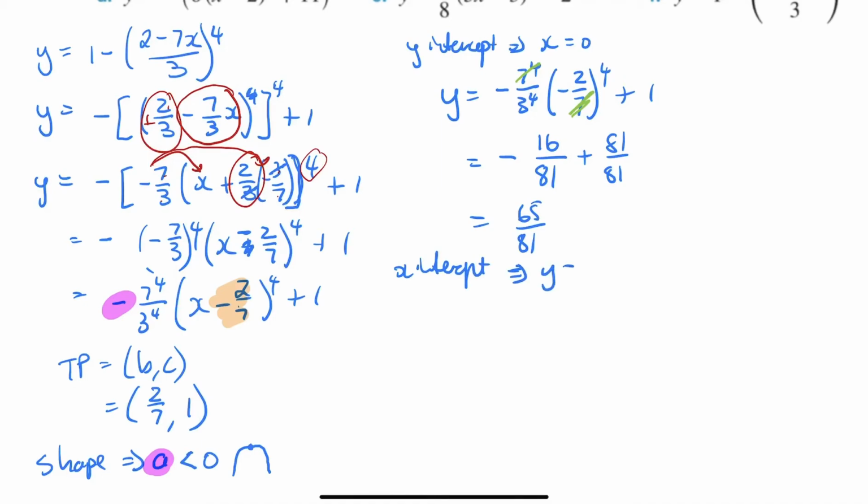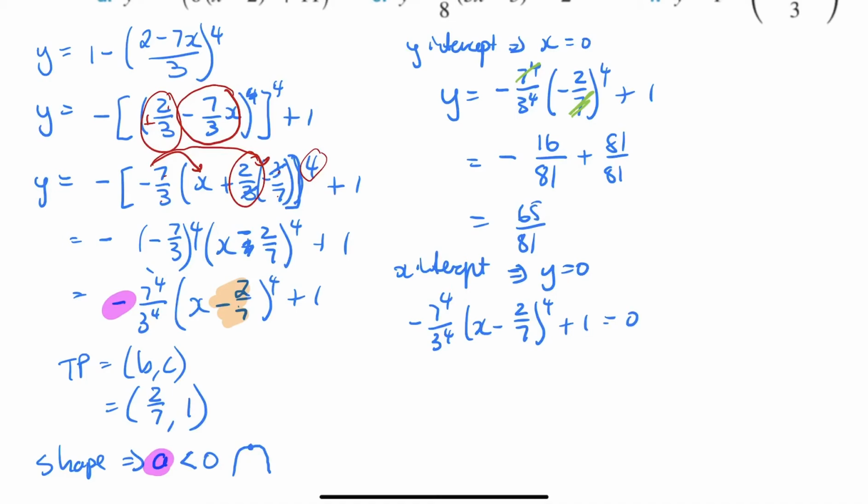is where y equals 0. And if y equals 0, it means that negative 7 over 4, 3 over 4, x minus 2 over 7 to the power 4 plus 1 equals 0.